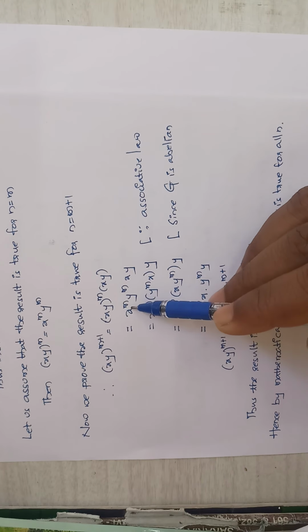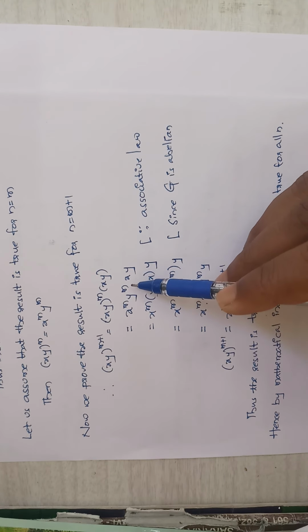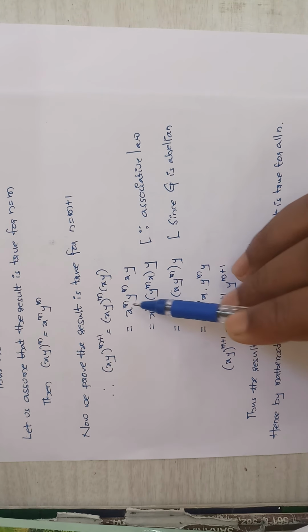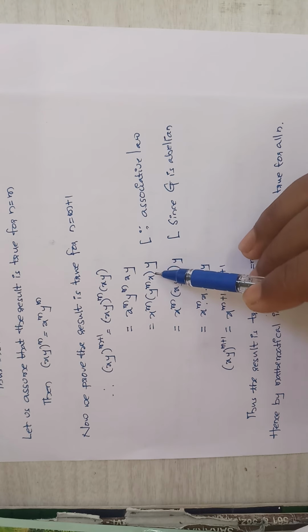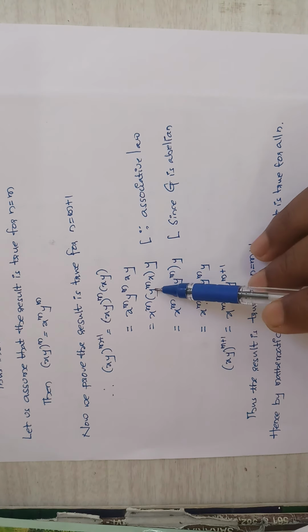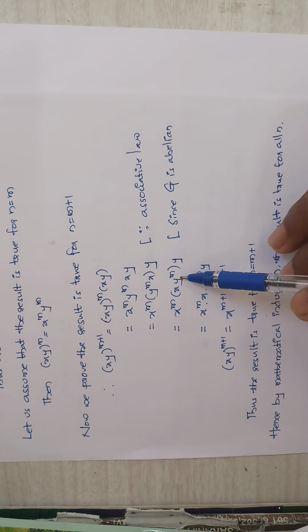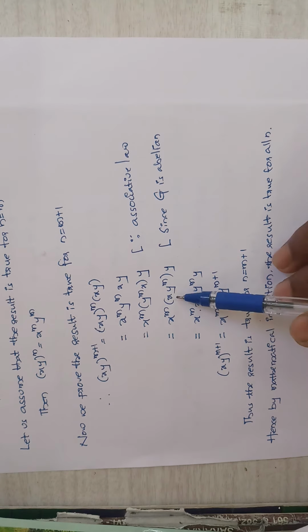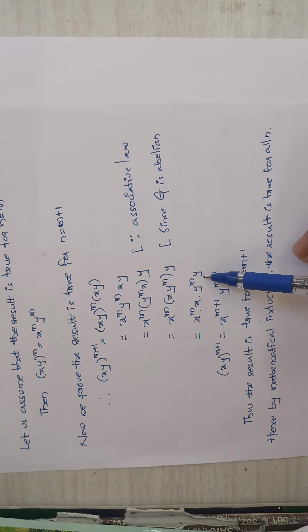This can be written as x to the power m into y to the power m into xy. Using the associative law, I can write this as x to the power m into y to the power m into x into y. Since Z is abelian, this can be written as x to the power m into x into y to the power m into y using the associative law.